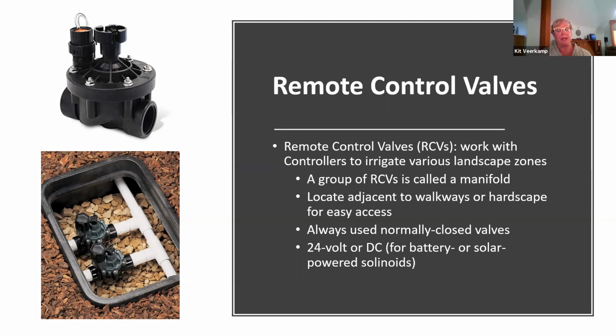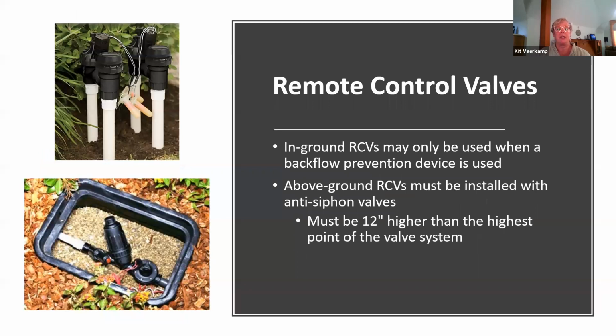They can either be electrically fed in terms of their low voltage, or they also have battery operated ones. This is very typical of what you might see at your home, where you've got atmospheric vacuum breakers with your valves, and so you see them up out of the ground rather than in a valve box.